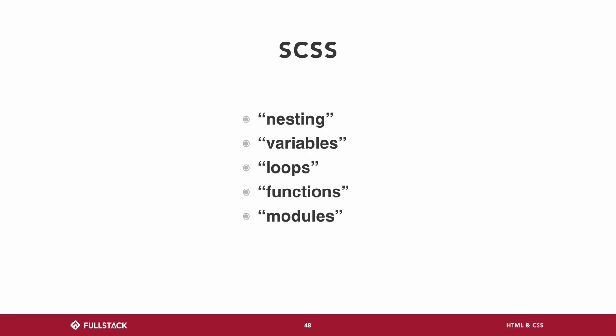What Sass does is it adds a level of programming to style sheets, so that within your Sass you can have concepts of nesting, variables, loops, functions, and modules, all really giving you the ability to have some reusability, and let's be clear about that, some maintainability of style sheets.